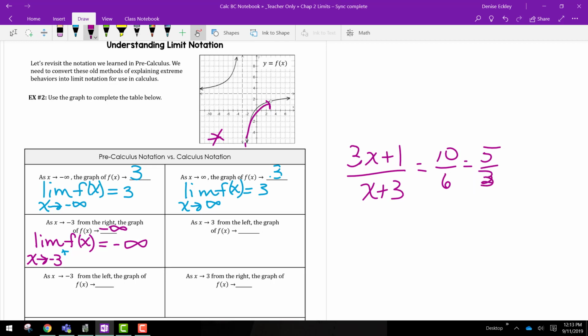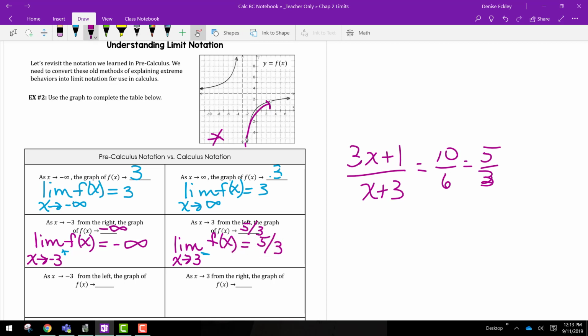I'm dividing by 2. 5 thirds. Okay? So as x approaches 3 from the left, not that I can actually land there, but the idea is I'm approaching there. So f of x is approaching 5 thirds. So we would write the limit as x approaches +3 from the left-hand side, so we put a negative in the upper left-hand corner, of f of x is going to equal 5 thirds.